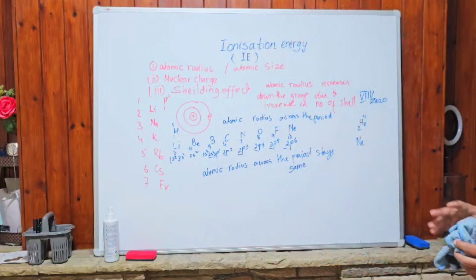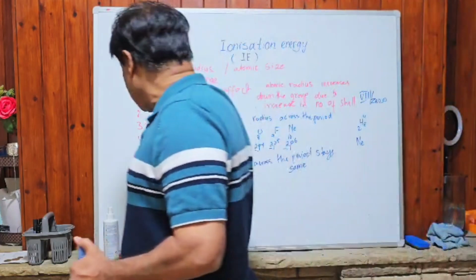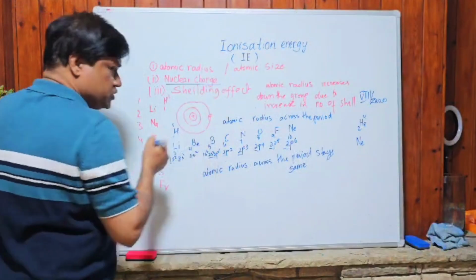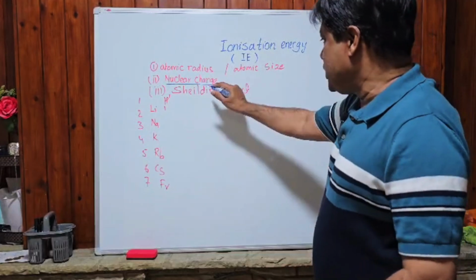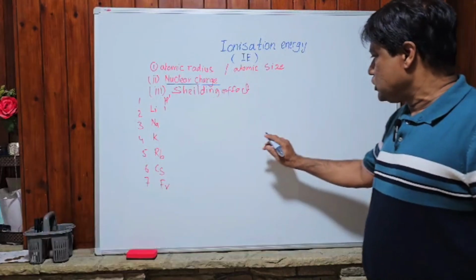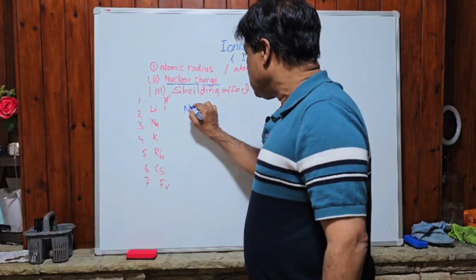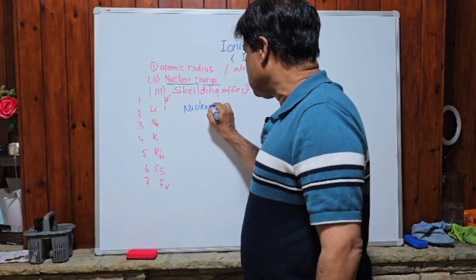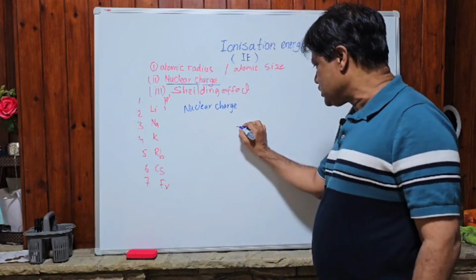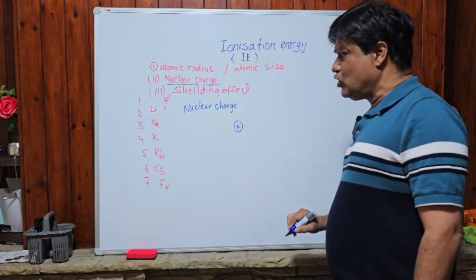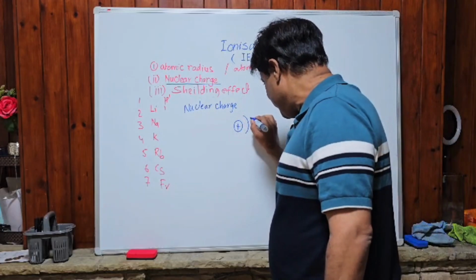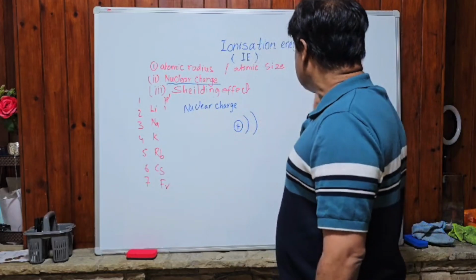Can I rub the board? Let's see. So we will discuss the second highlighted point, this highlighted term, nuclear charge. What is meant by the term nuclear charge? Look at this nucleus. Take any element in the periodic table. That's the nucleus, and you have all these electrons. Suppose I take nitrogen.